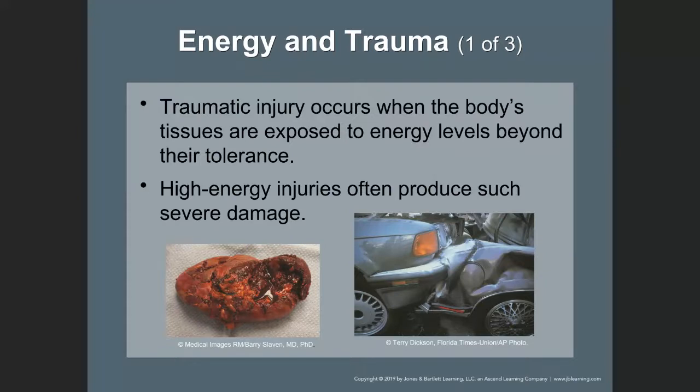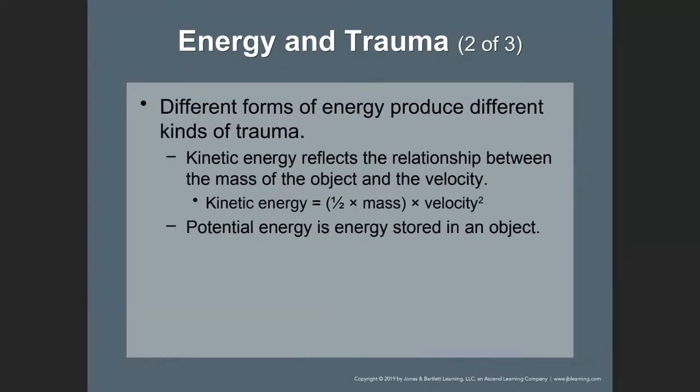High energy injuries often produce severe damage. Different forms of energy produce different kinds of trauma. So we have kinetic energy, which is energy in motion. Kinetic energy reflects the relationship between mass, which is the weight of an object, and velocity, which is speed in any direction.